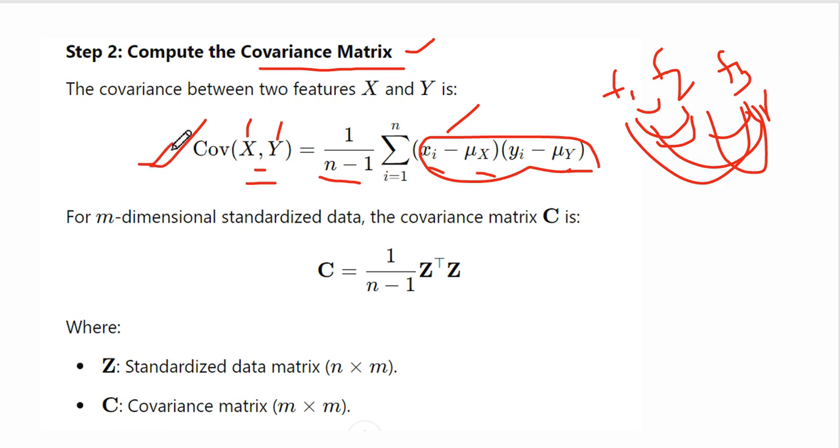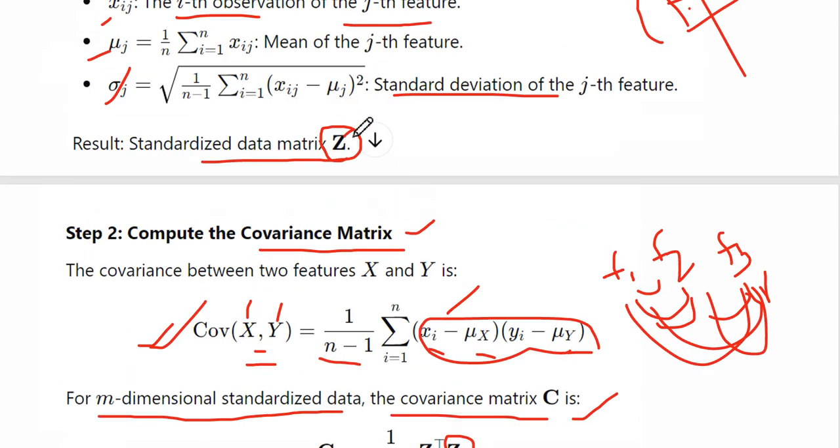In general, this covariance formula is used when you have a small number of features. If you have more features, for example 4, 5, 6, 7, or even some 100, applying this formula is a little difficult. So for m-dimensional standardized data, the covariance matrix C is defined as 1 by n minus 1 into Z transpose Z, where Z is the standardized matrix we already got from the data set.